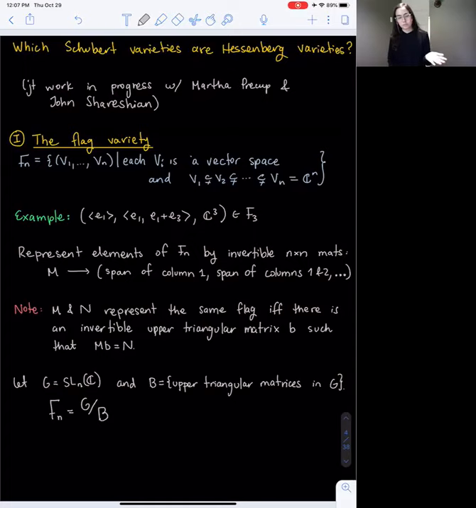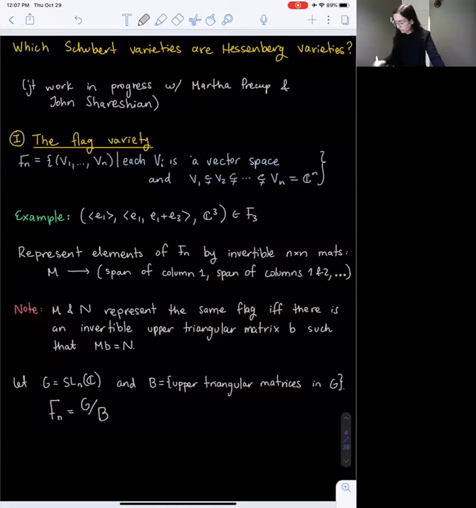You can use determinants to encode that the first vector space is contained in the second one, and thus it can be described in terms of Plucker coordinates, and similarly to the Grassmannian, you can embed it into a product of projective spaces with equations. So that's the variety structure of it. But for us today, this is good enough. We will definitely be using this coset description, not so much the variety description.